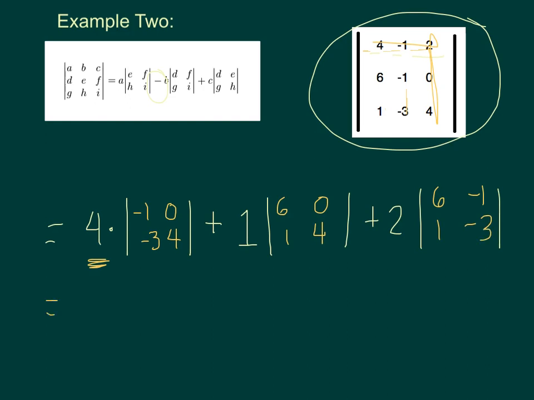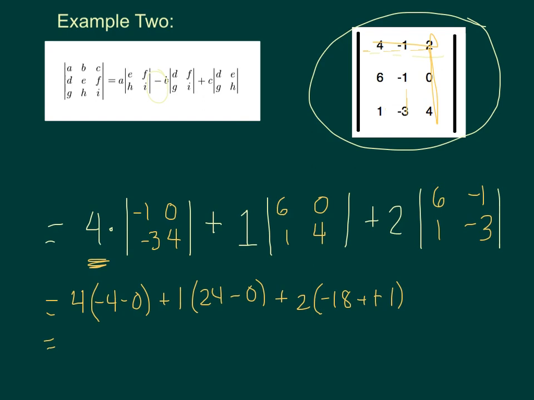Now we're not as lucky this time, none of these have a 0, so we actually have to calculate them all out. So I have 4 times parentheses, negative 4 minus 0, plus 1, parentheses, 6 times 4, 24, minus 0, plus 2, parentheses, negative 18, minus a negative 1, so it'll become plus 1.